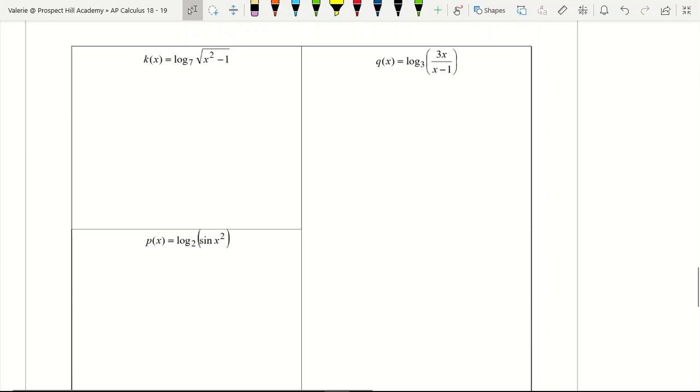So for k of x, we're going to rewrite k of x so that we can see better what's happening. So we have log base 7 of x squared minus 1 to the 1/2.